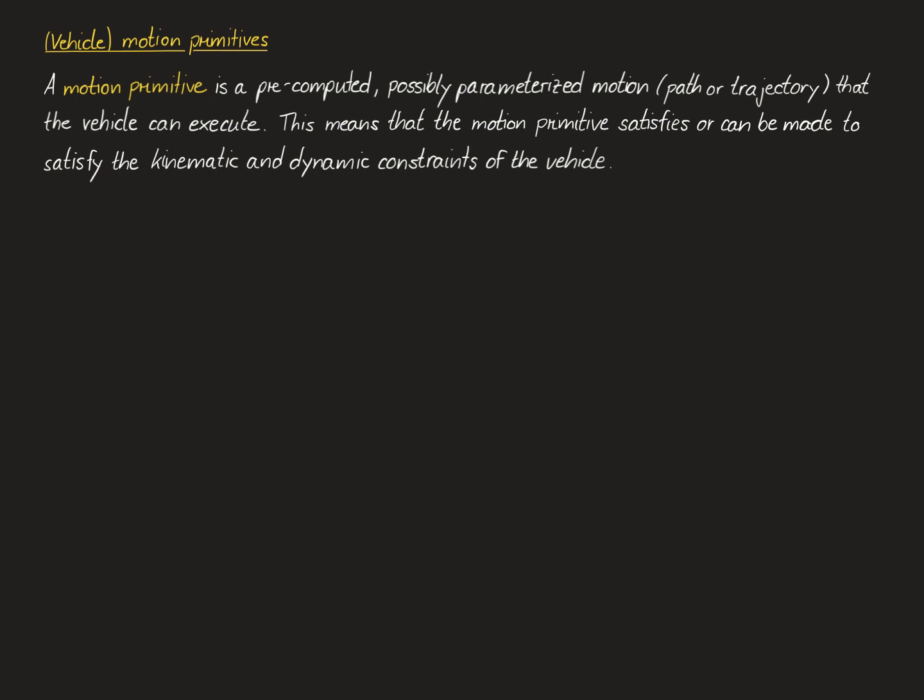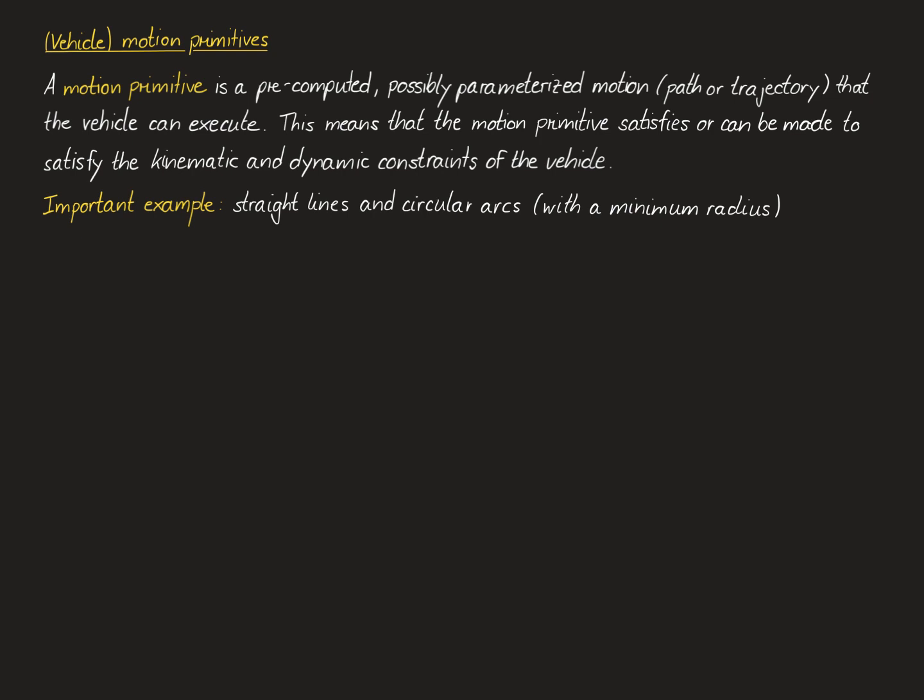Important examples of motion primitives are straight lines and circular arcs, meaning fractions of a circle. Note that in order to satisfy the kinematic constraints of the vehicle, these circular arcs must have a minimum radius, which is related to the maximum steering angle of the vehicle and the wheelbase.